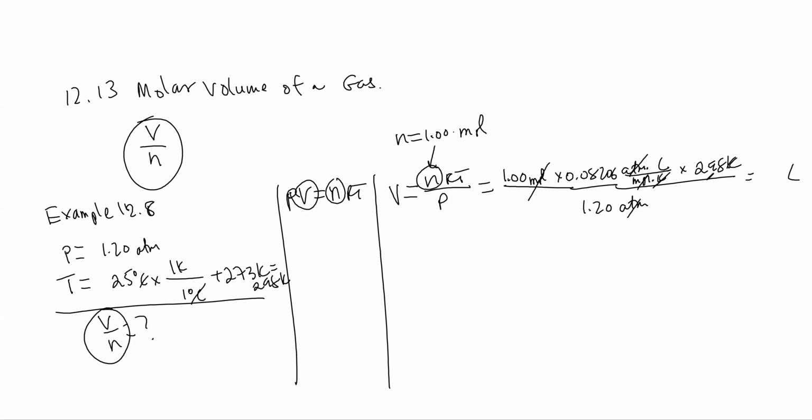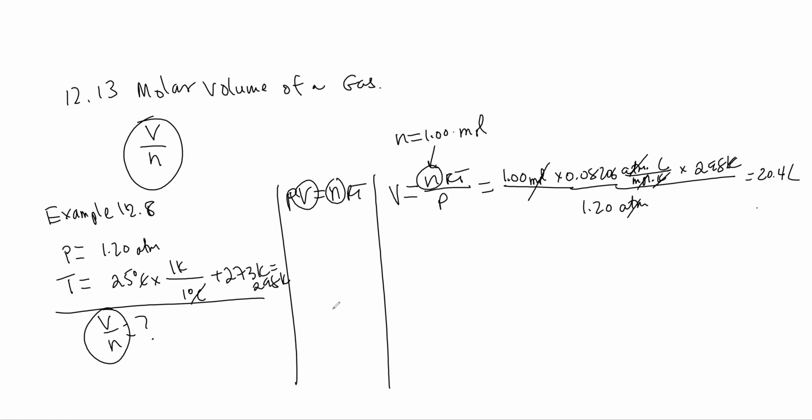We have 3 significant figures everywhere here, so I got 20.4 liters as the final answer. And that's pretty much the way to handle this calculation of the molar volume.